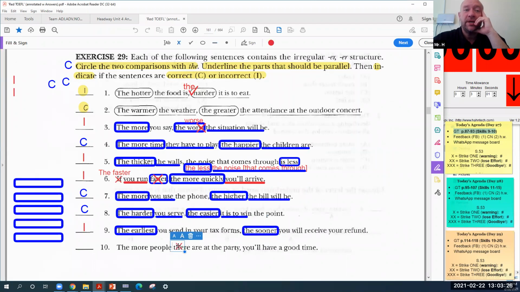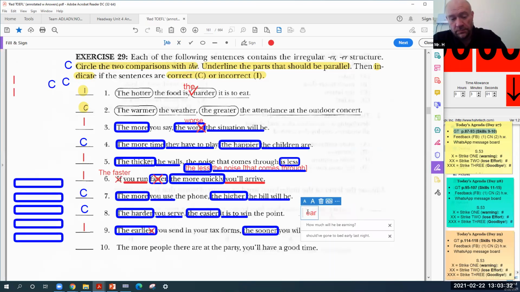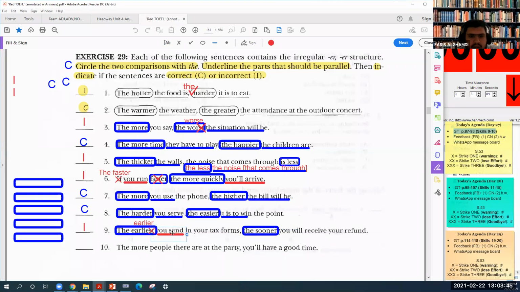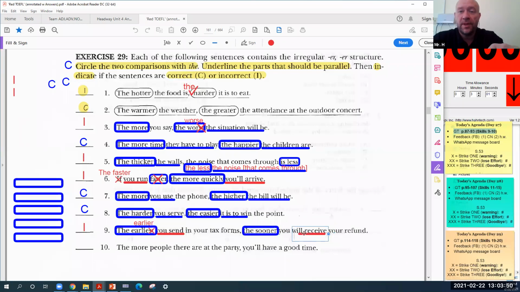The problem is earliest. Cannot say the earliest. What should it be? Earlier. We want the comparative, so it should be earlier. What about the structure on the left? You send in your tax form. So that's a subject and a verb, and then a subject and a verb, right? Yes, you will. Good.